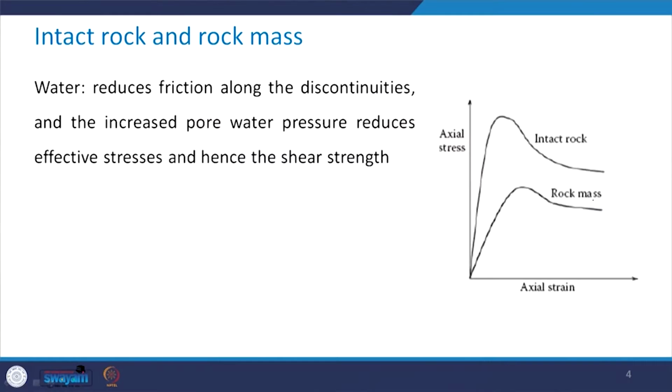What this water does, it reduces the friction along the discontinuities and increases the pore water pressure, thereby reducing the effective stresses, and once the effective stresses are reduced, shear strength will be lower. So, because of the discontinuity, strength and stiffness are going to be less for the rock mass as compared to intact rock. Because of the discontinuity, rock mass is more permeable, which further reduces the effective stress and therefore the shear strength.